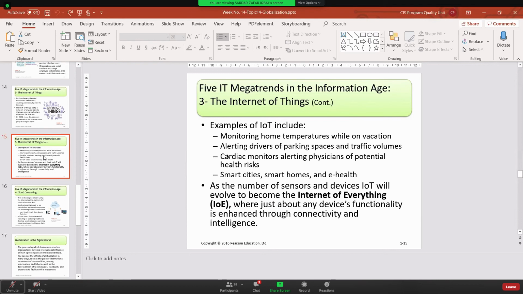As the number of sensors and devices grows, IoT will evolve to become the Internet of Everything. Right now it is Internet of Things, but soon it will be Internet of Everything, where just about any device's functionality is enhanced through connectivity and intelligence. Any question, guys, so far? No, doctor, everything clear.